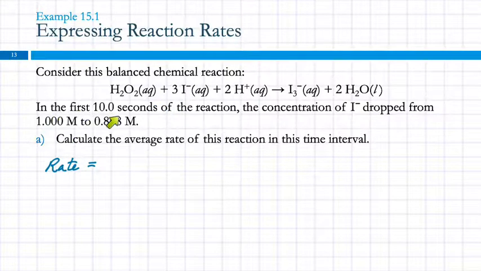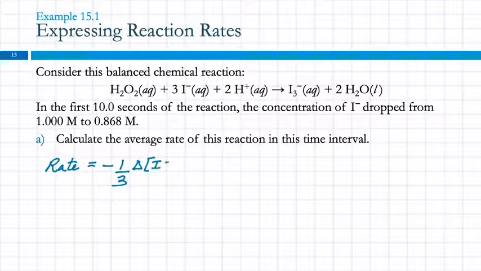It's going from 1 down to 0.868, and so we need a negative in here. And then we're going to have 1 over the coefficient, which is this 3 right here, 1/3, times the change in the concentration of I minus, divided by the change in time.